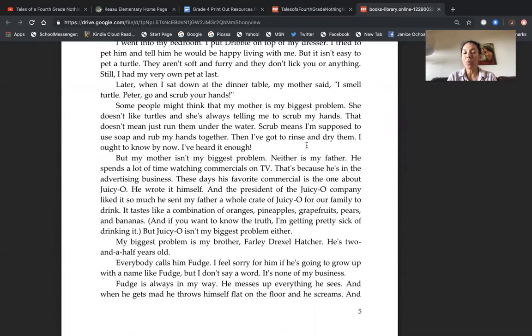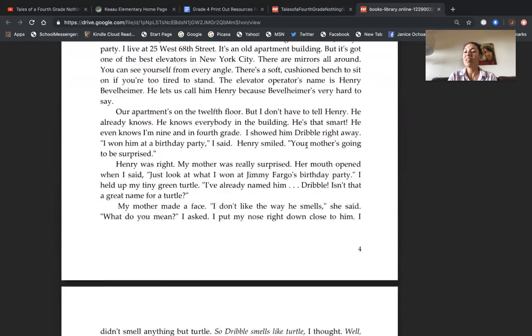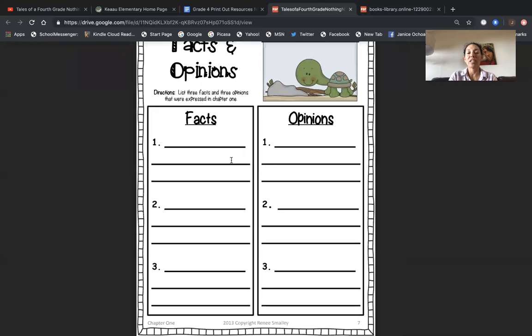That's a fact. What really happened in the book, actually. One thing we know that happened in the book, read the first sentence. "I won Dribble at Jimmy Fargo's birthday party." According to the book, that is a fact, right? So you would go back to your comprehension and write down, Peter won a turtle at a birthday party, period.